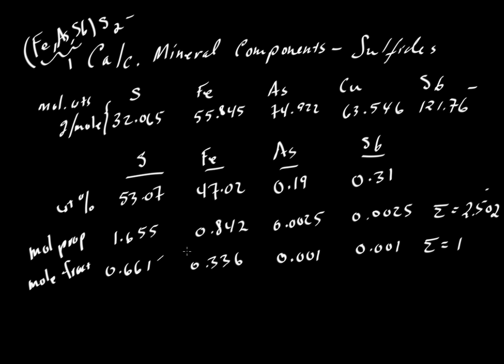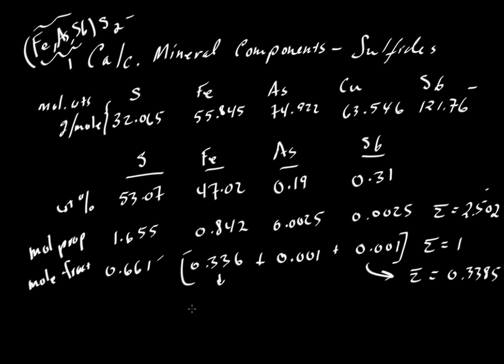So if we have pyrite, then that means all of the cations here should sum to 1. So let's just take the sum of these fellows here. And if we do that, those are going to sum to 0.3385. And so we can renormalize by dividing all of these by 0.3385.